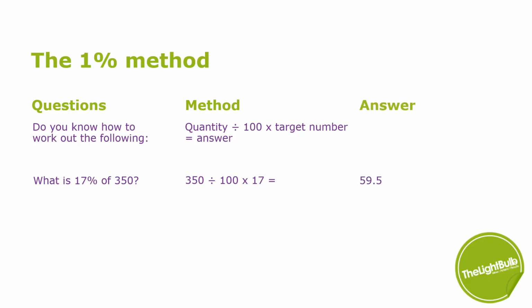Okay, hopefully that's fairly straightforward. I'm just going to bring up another question and give you 20 seconds to have a look at this. So here's the question, and your time starts now.